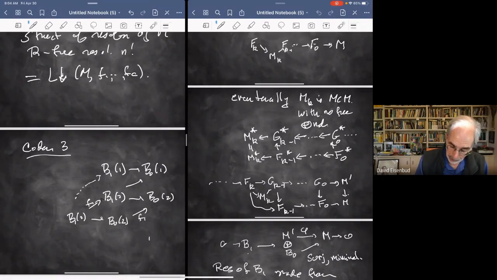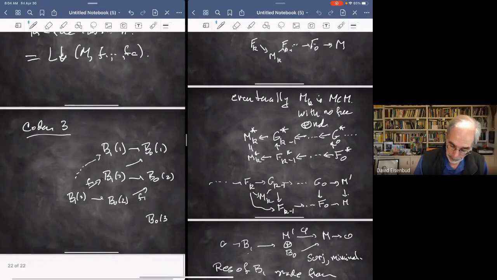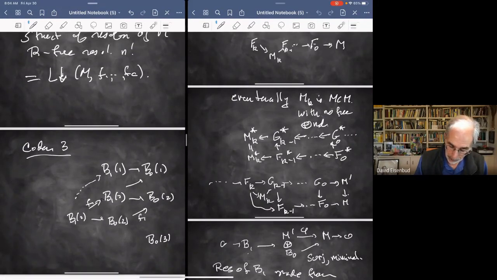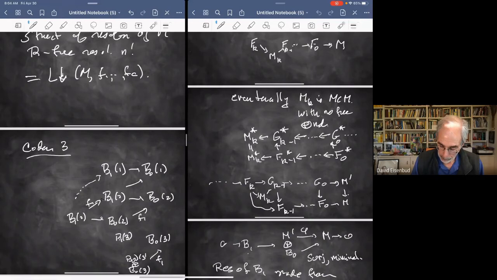Now the third layer will look sort of similar, B0 of 3, and B1 of 3, and then there'll be B0 of 3 plus another B0 of 3, and F1 and F2.